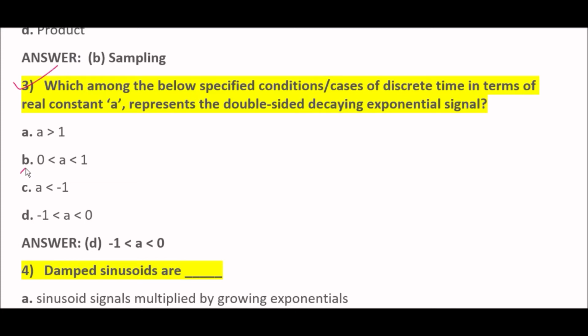Option D, minus 1 less than A less than 0. Right answer here is option D, minus 1 less than A less than 0. So, condition for discrete time in terms of real constant A to represent a double-sided decaying exponential signal is minus 1 less than A less than 0.